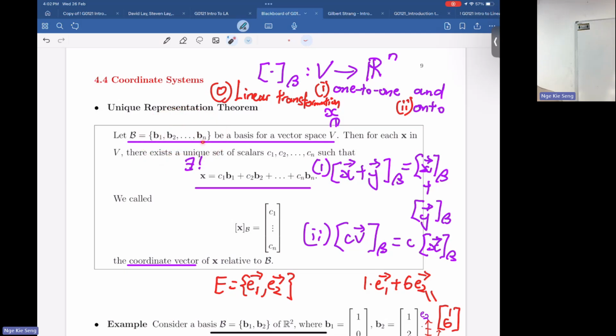So if you have Bm, then you have a map to Rm. And what's the map there? You just read the scalars. Scalars in front of these basis vectors are important. That's why we can apply matrix calculation to vector spaces.